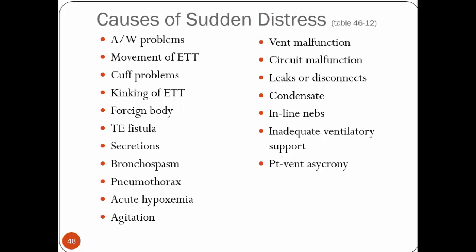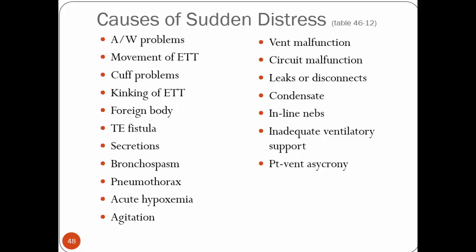Leak or disconnects. Condensation in the tubing, especially if you have a heated humidifier and you don't have the heated wire circuit, then condensation is an issue. And even with an HME, it's an issue if your HME is worth its weight. Inline nebulizers might also be an issue. They may be a source of leak if you leave them in line after they're finished.